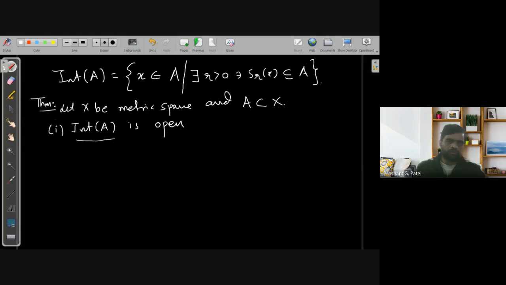So this interior of a set A is the largest open set contained in A. That is the second statement I can say.